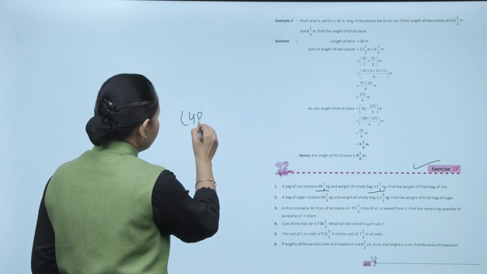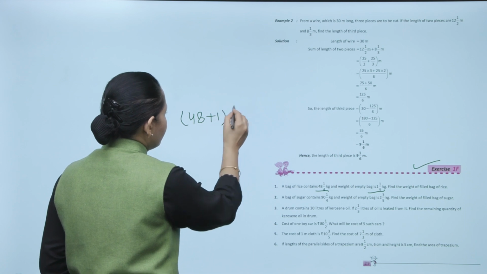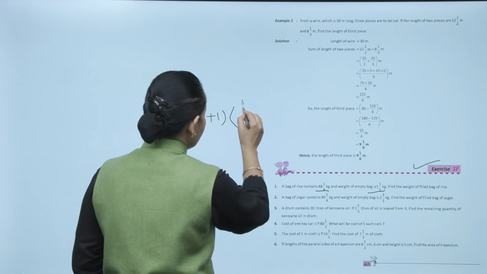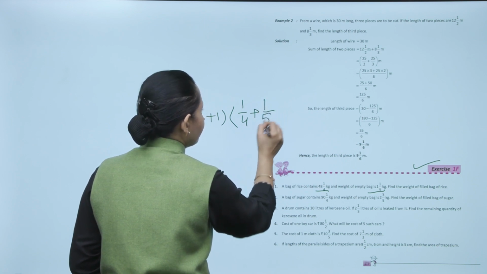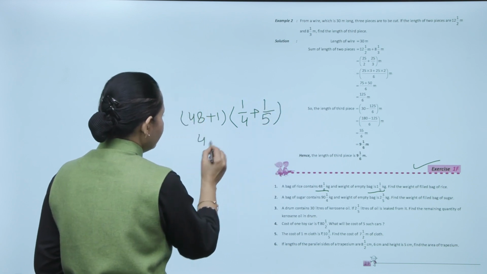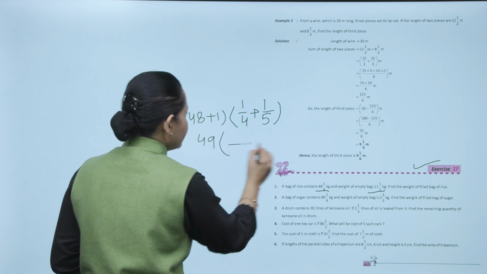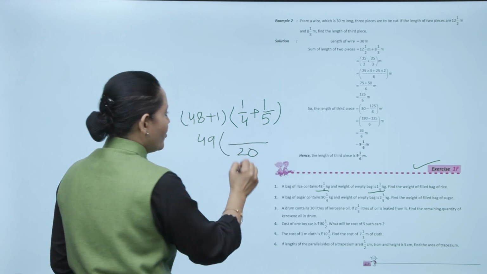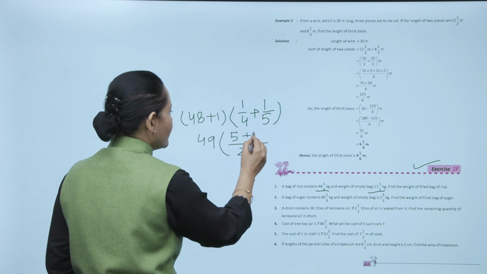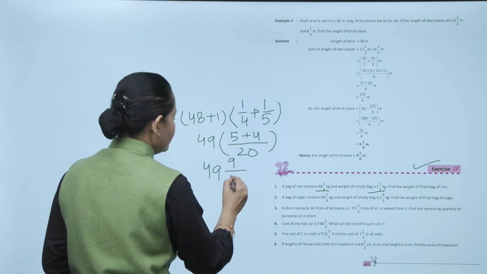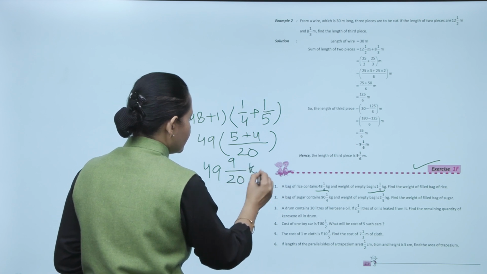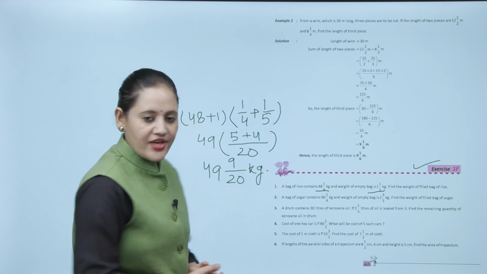The whole part we will add separately, and the fractions: 1 by 4 plus 1 by 5. So that is 49, and here we take the LCM 20. 4 5s, this will be 5 plus 4, that is 49 9 upon 20 kg. That is the total weight.